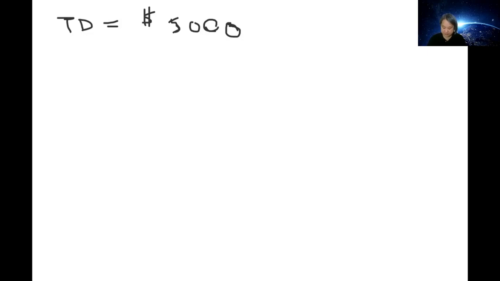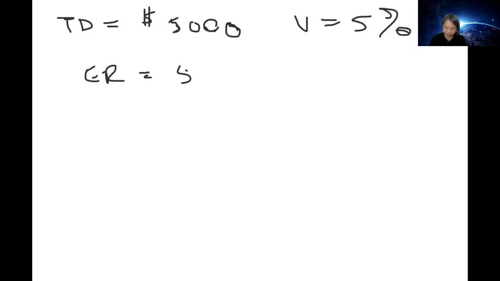Okay, $5,000. Let's say that our reserve ratio is equal to 5%. We can't lend out all 5,000 because the charter bank needs to hold 5% of this money to meet the day-to-day withdrawals of its customers. So we're going to figure out how much they can lend out, which is our excess reserve.